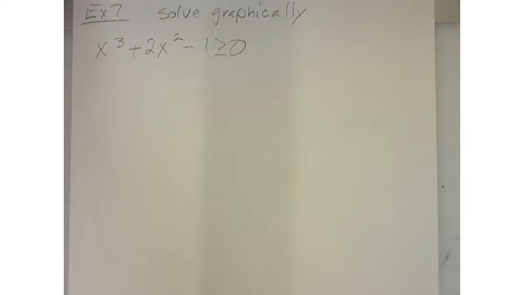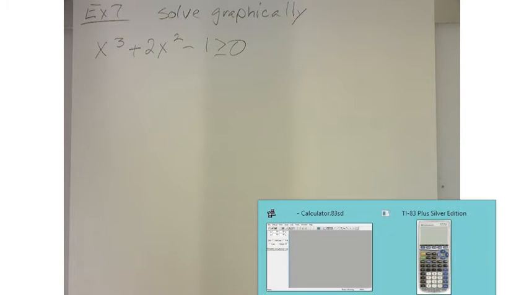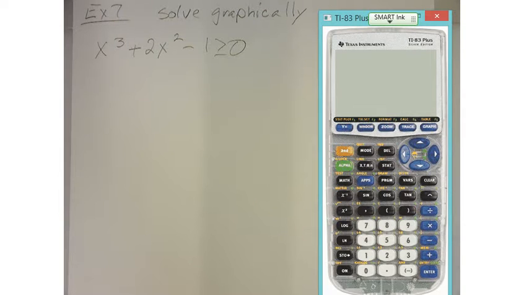So since it says to solve graphically, I'm going to plug that into my graphing calculator, like so. I'm going to say x raised to the third power plus 2x squared minus 1. So I'm going to graph it.